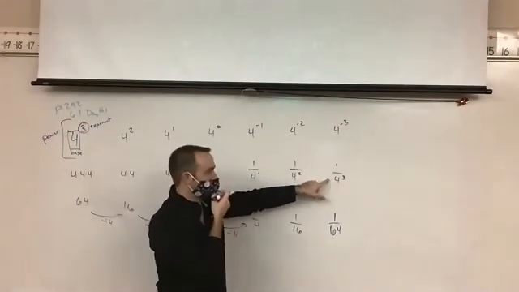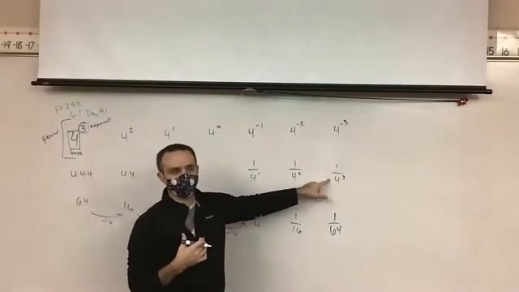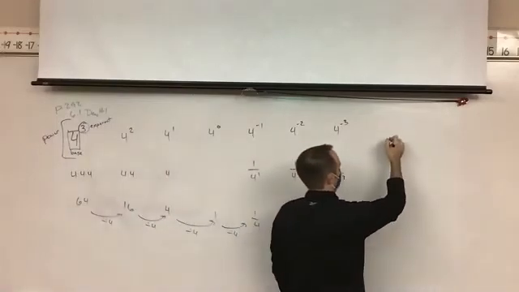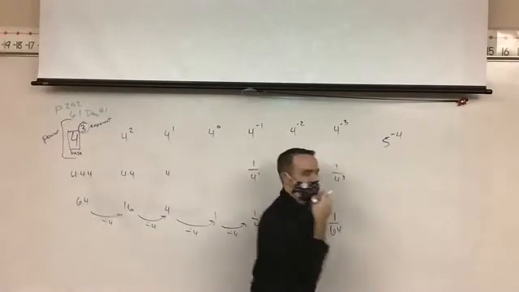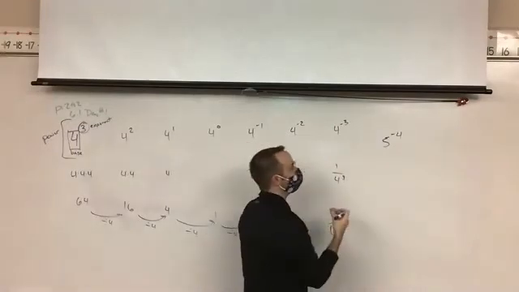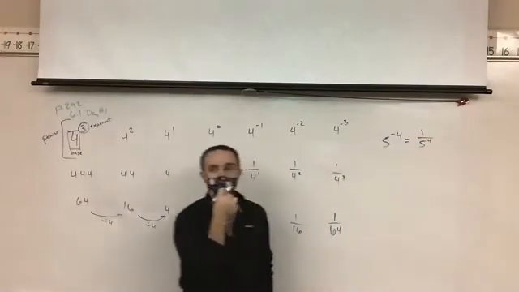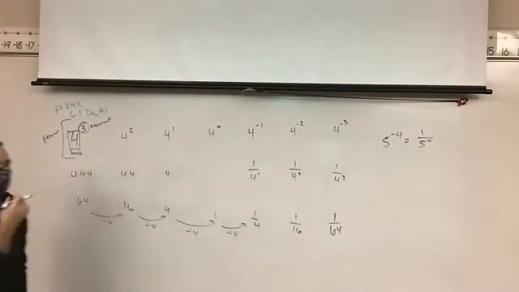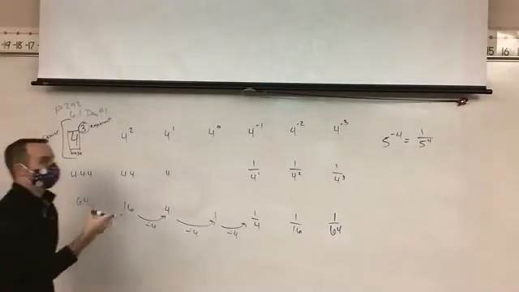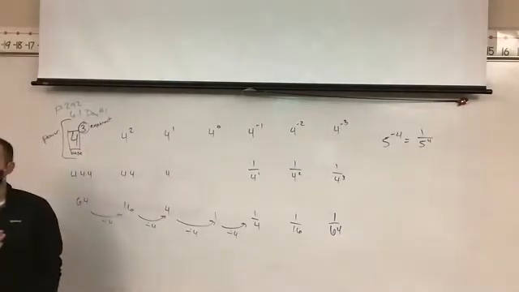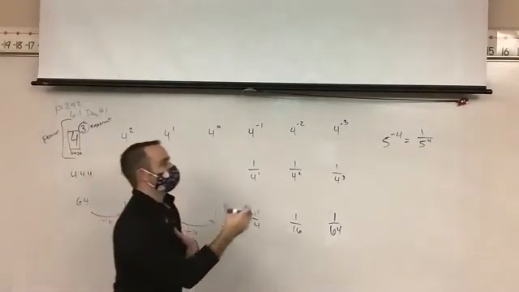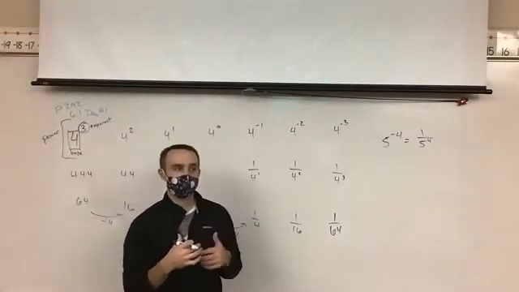It's 1 over the positive version of it. So if I have 5 to the negative fourth, I should be able to look at that and realize that that's going to be 1 over 5 to the fourth. That's a big part of what we're doing today, being able to look at negative exponents and change them into something that we can deal with.